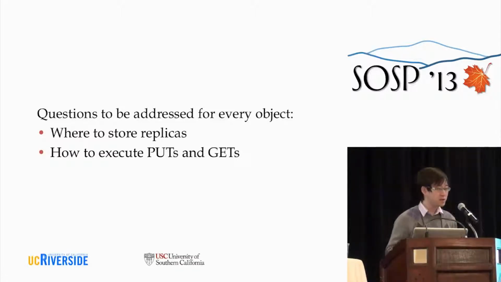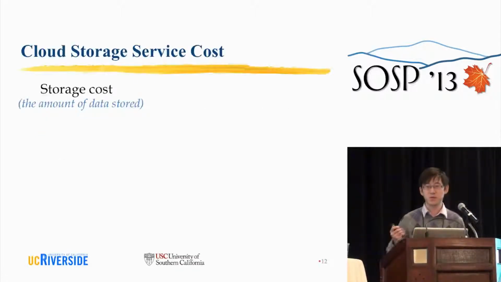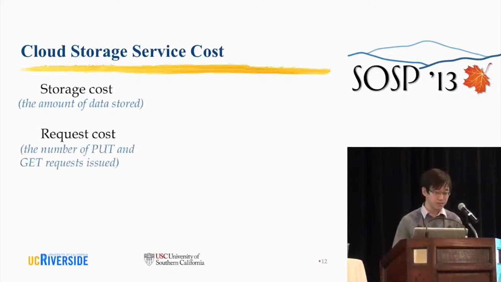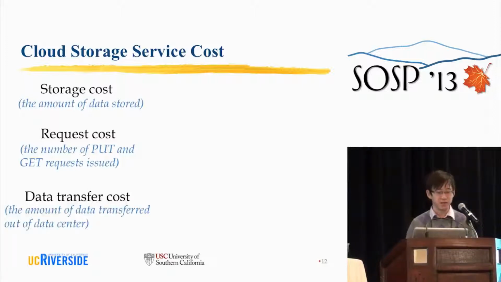Why can't we just pick the data center with the cheapest storage price and store data there? It turns out that the cost of using cloud storage is not only based on the amount of data stored. It also includes the request cost, which is based on the number of requests issued, and the data transfer cost, which is based on the amount of data transferred out of the data center.